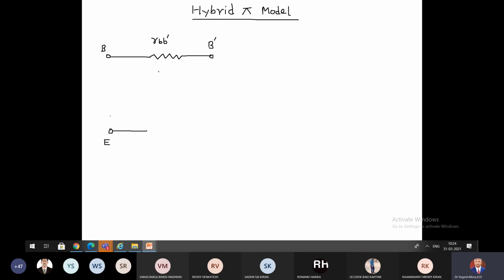In terms of conductance also we can write this like GBB dash, and this is equal to 1 by RBB dash.